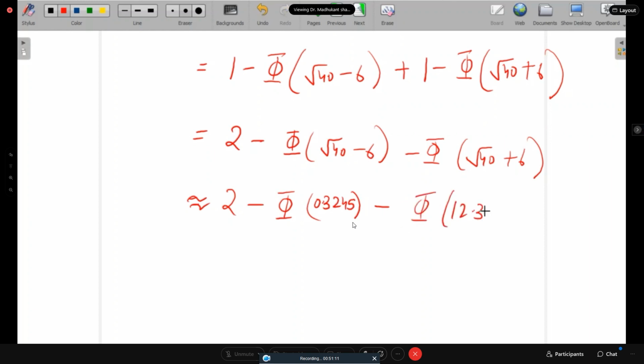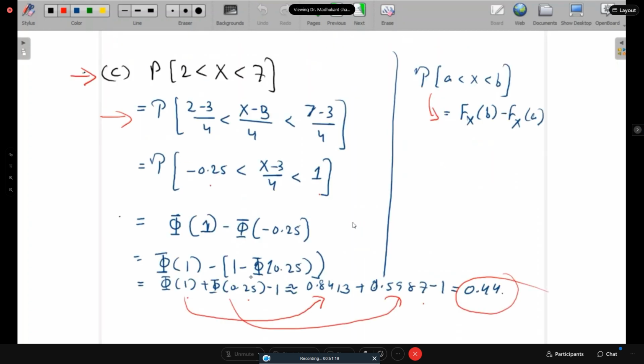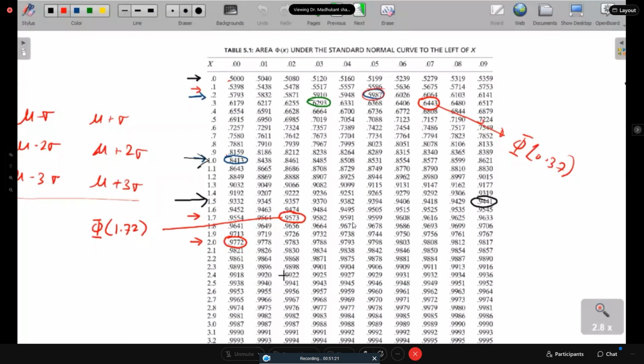Now let's fix these values. So 0.3245, what you can look for is 0.33 approximately.